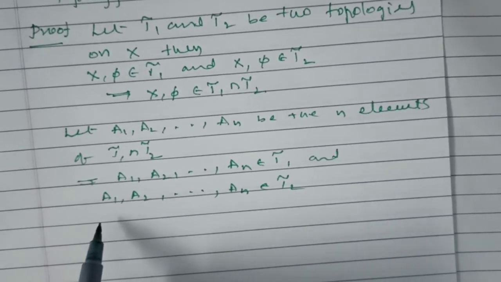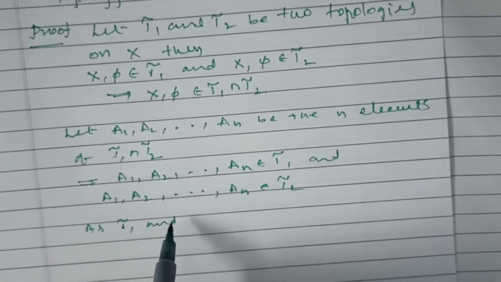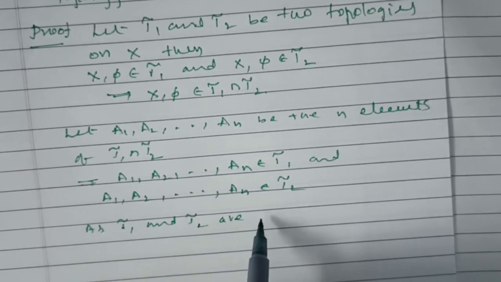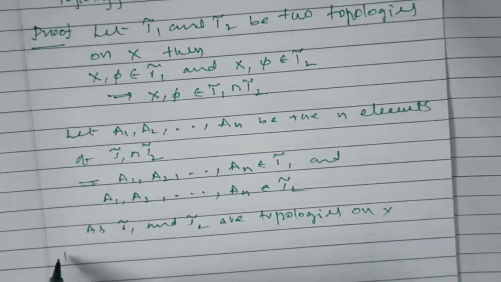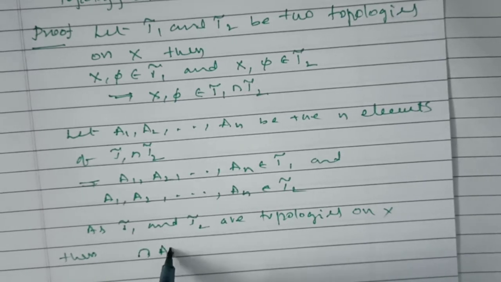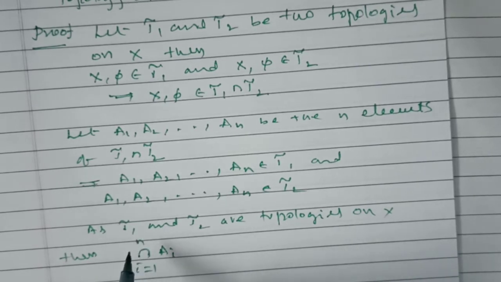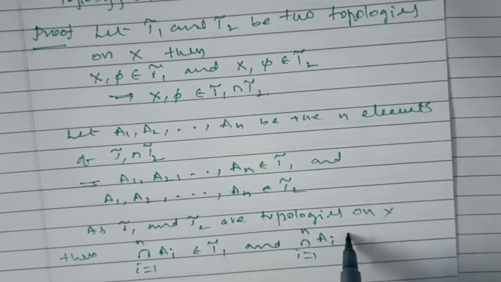As τ1 and τ2 are topologies on X, then the intersection of Ai, where i is equal to 1 to n, belongs to τ1, and the intersection of Ai, i is equal to 1 to n, belongs to τ2.